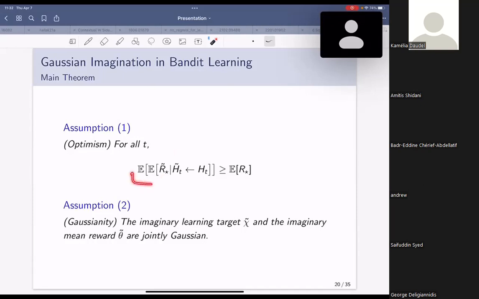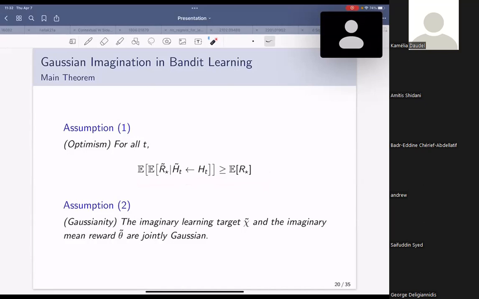So we have this assumption just to ensure that the bound has some meaning. And the intuition behind it is that if the prior we are assuming for the environment has a very large variance or is diffuse enough, this assumption easily holds. So it's not a very difficult assumption to meet.